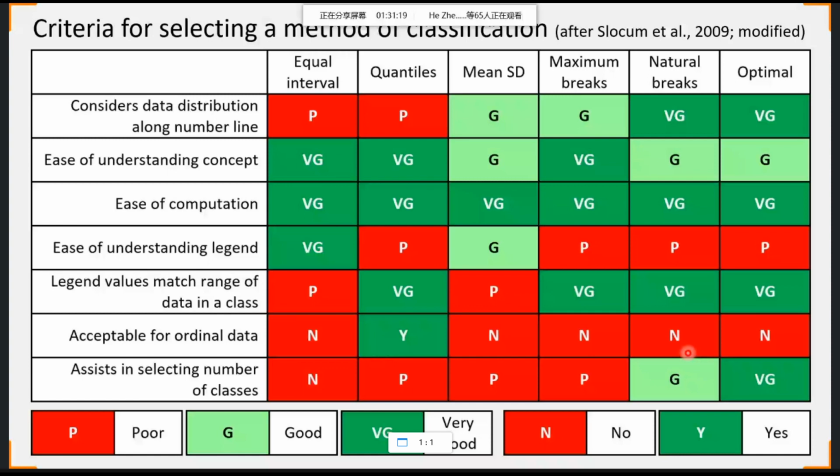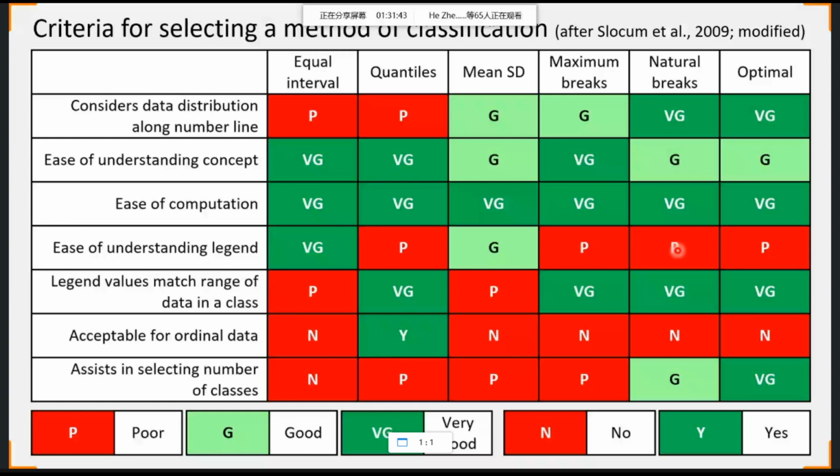You can decide for natural breaks, for example, because it's important for you to consider the data distribution along the number line. This is then a better result. And it's important for you that it's fast. You don't need much computation here.